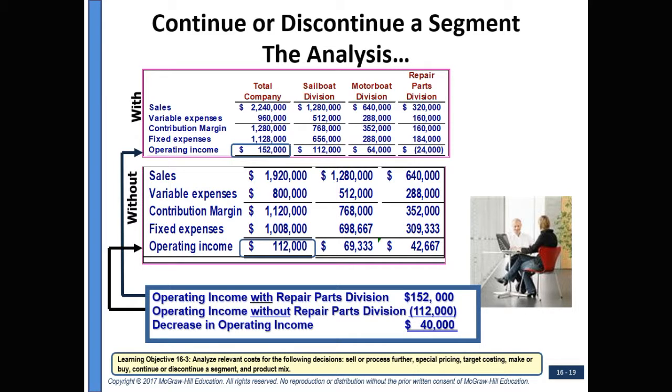This is why we can't make a snap judgment just from seeing that it has a net operating loss. Those common fixed expenses have to be taken into consideration.